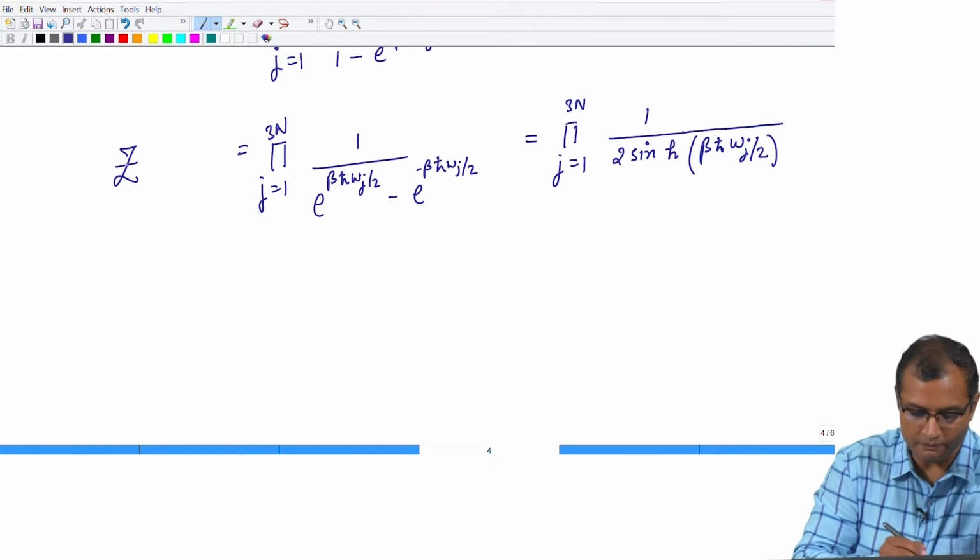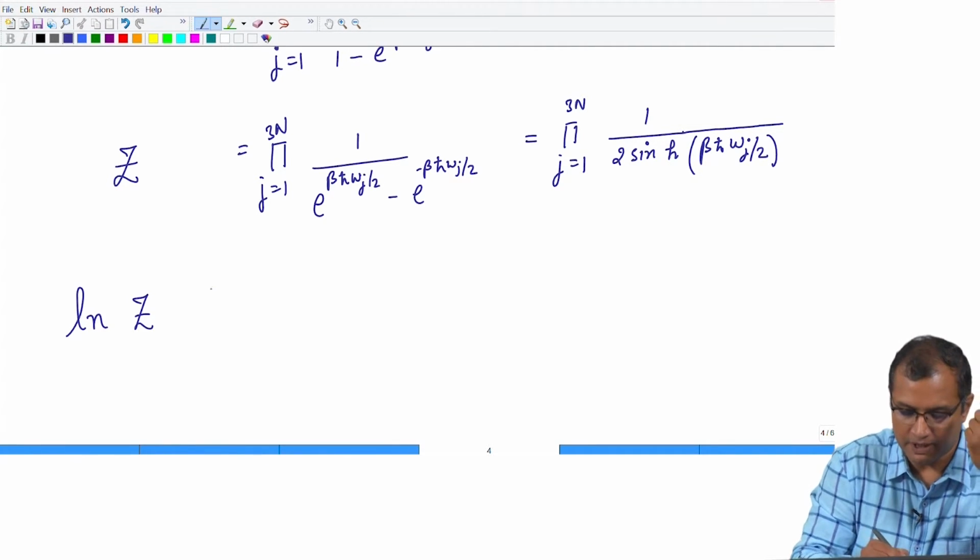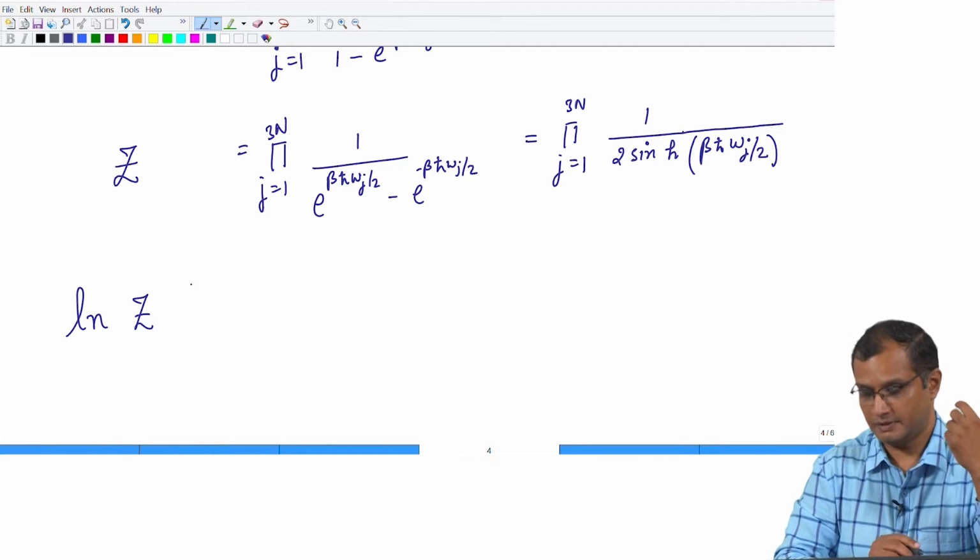So I can write down the logarithm of the partition function, which builds the connection with thermodynamics.